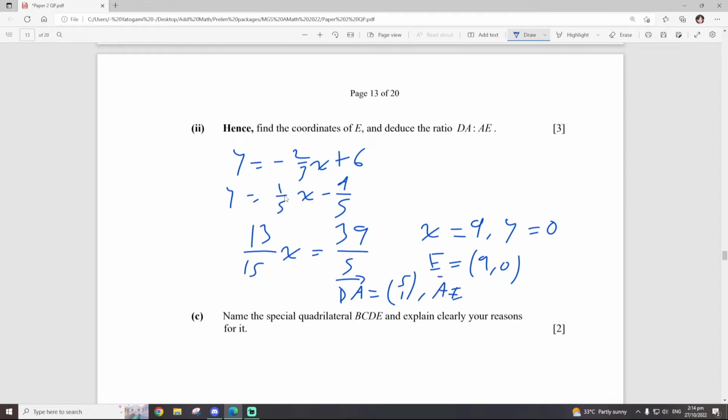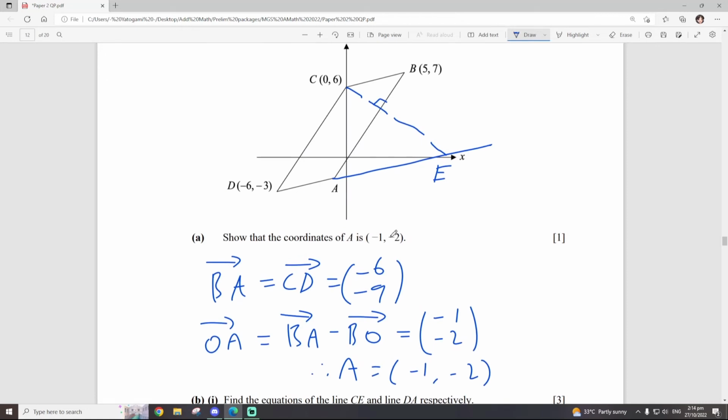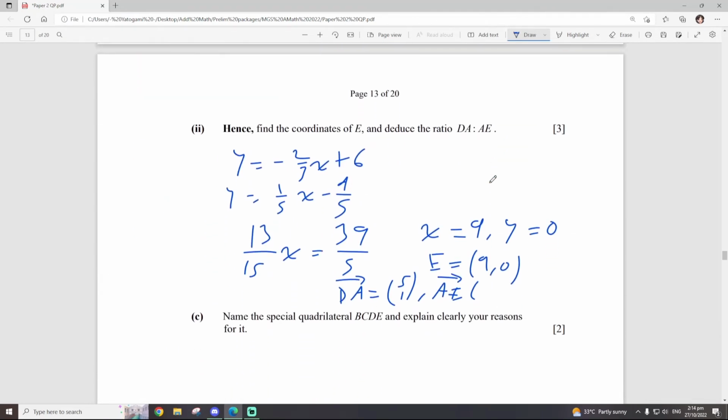AE is (10, 2), which equals 2 DA. So therefore, DA to AE is 1:2.